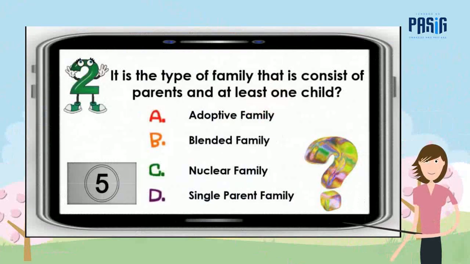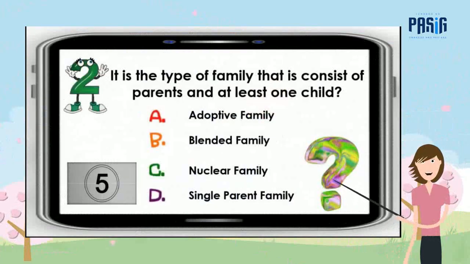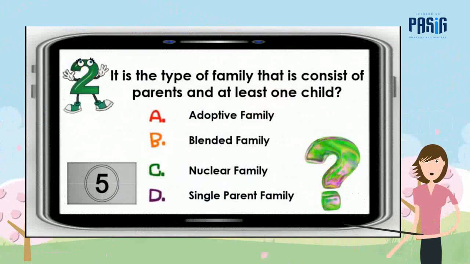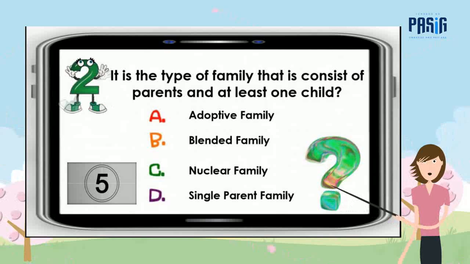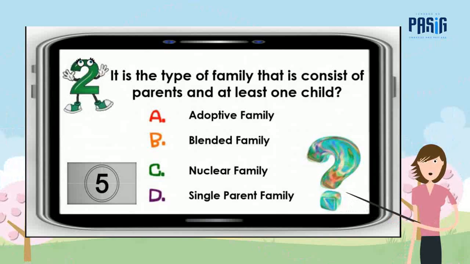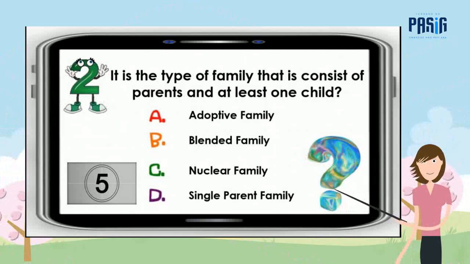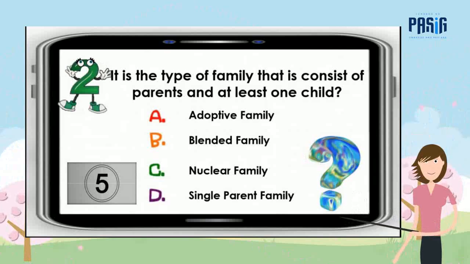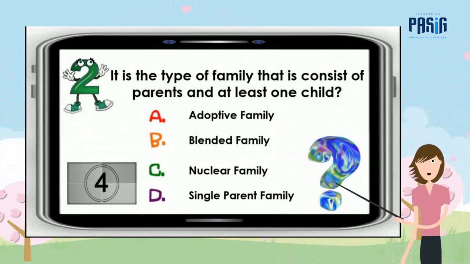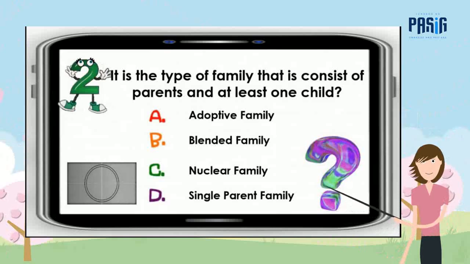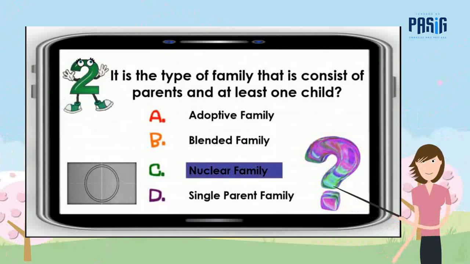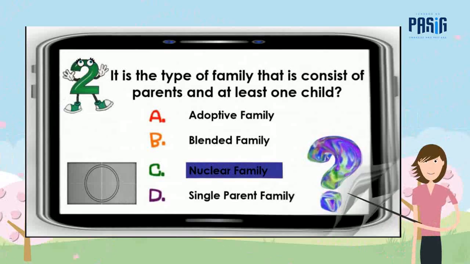For number 2, it is a type of family that consists of parents and at least one child. A, adoptive family, B, blended family, C, nuclear family, D, single-parent family. The answer is nuclear family.